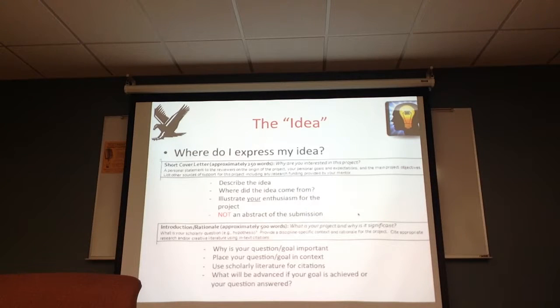Place it in the proper context. Let us know what has been done, what hasn't been done, and where your stuff fits. And this is a good place to say something about what will be advanced if your goal is achieved or your question answered. If you're in the arts, maybe it's the first time that anybody's ever built a sculpture out of this particular material before, and you're going to break new ground on this area of art.